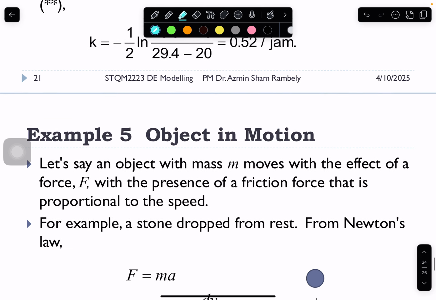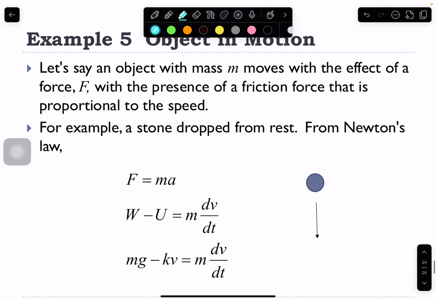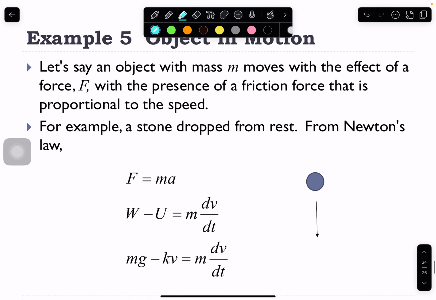Okay. Alright, so another example is a mechanics example where we have an object. When you throw an object, it will go downwards.